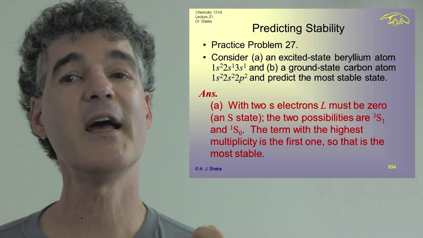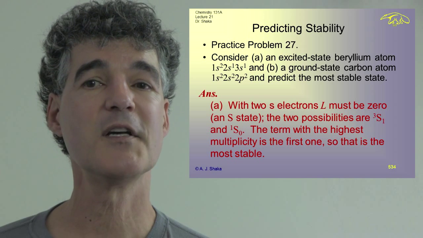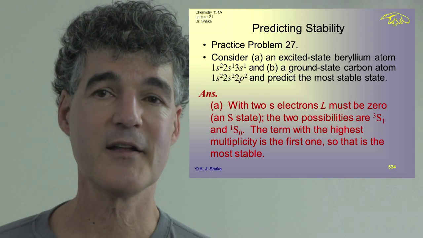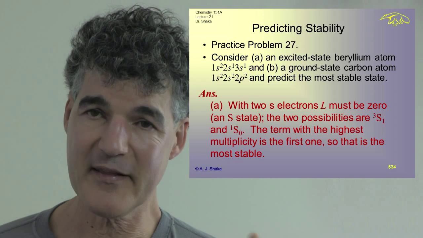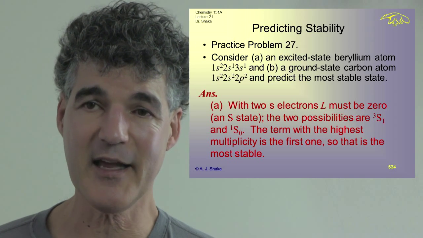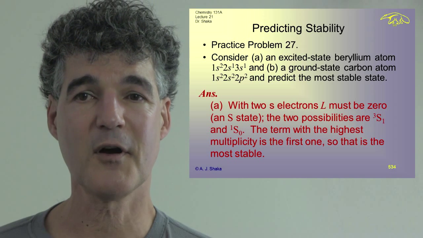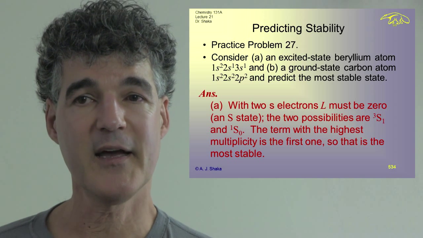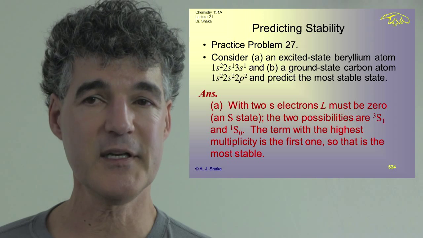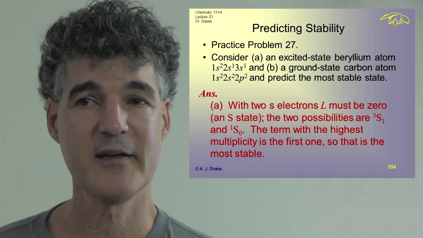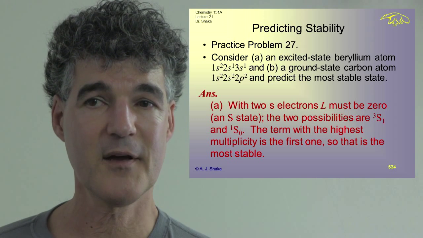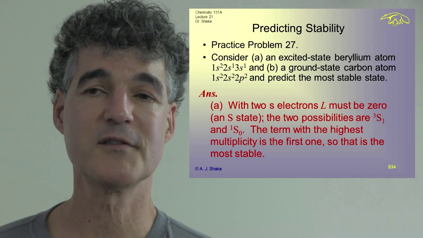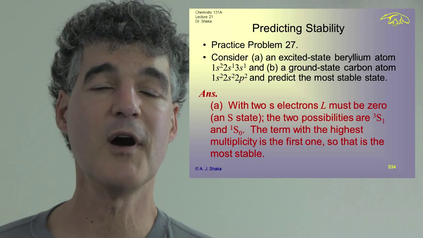Well, with 2s electrons, L must be 0. And that's called an S state, but that's not the S of the spin, that's the S of the S state of L equal to 0. So it's big S, and there are two possibilities for that state. There's the triplet state, triplet S1, because if 2S plus 1 is 3, then J has to be 1.